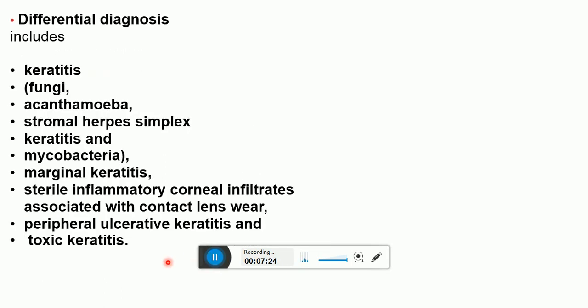Differential diagnosis includes keratitis due to other microorganisms such as fungal keratitis, acanthamoeba keratitis, stromal herpes simplex keratitis, mycobacterial keratitis, marginal keratitis, sterile inflammatory corneal infiltrates associated with contact lens wear, peripheral ulcerative keratitis, and toxic keratitis.